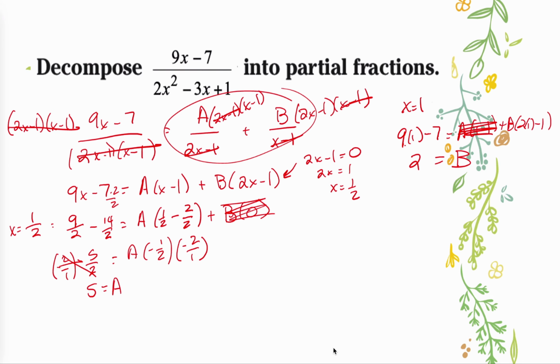Plug these back in. So 5 over 2x minus 1 plus 2 over x minus 1.